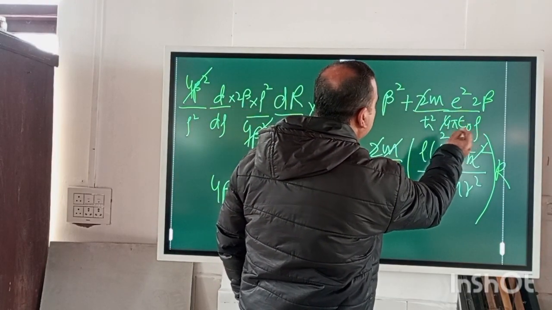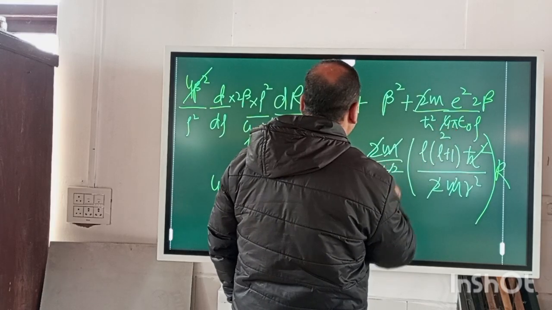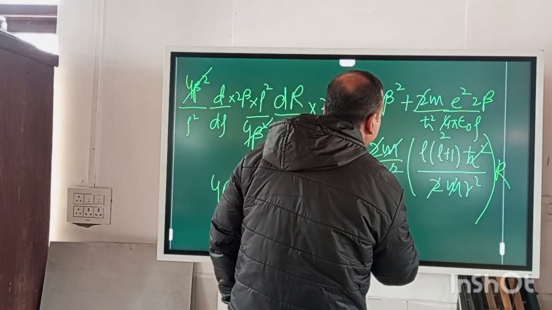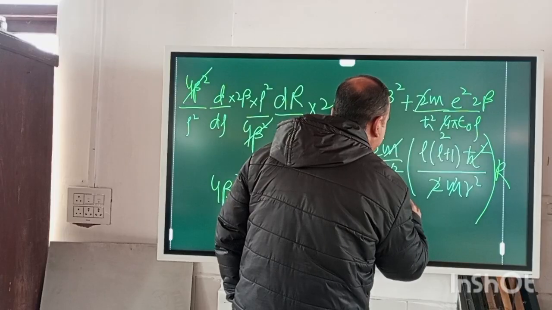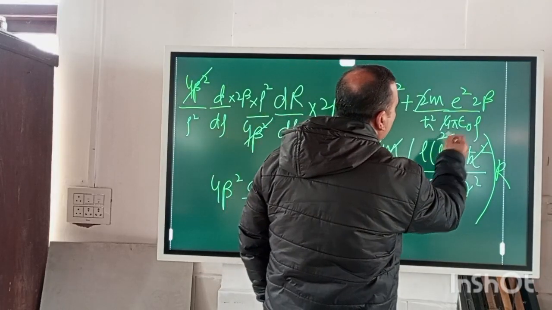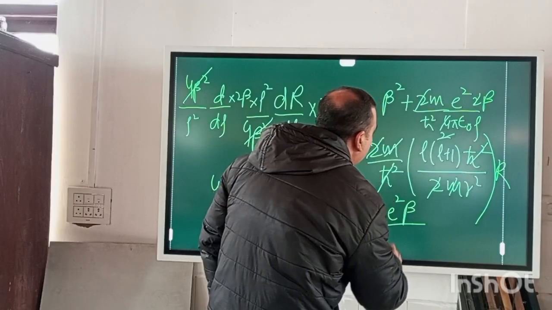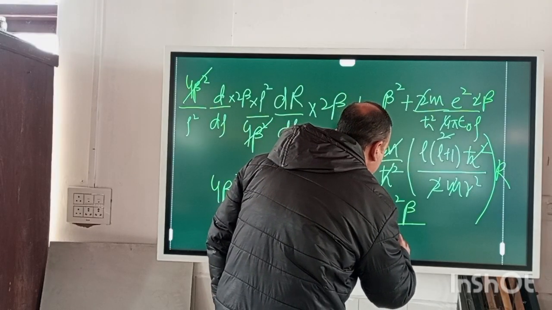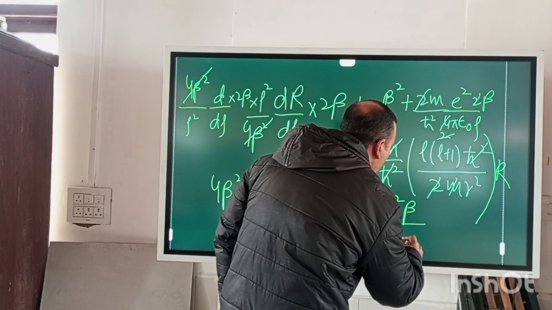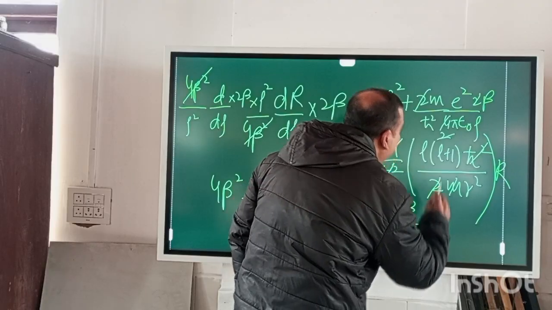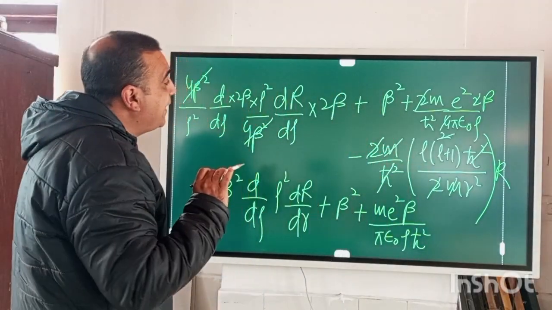It will be m e square beta by pi epsilon naught rho h bar square. This 2 will also go, no? Yes. You check it again. Is it fine? Yeah, it's fine.